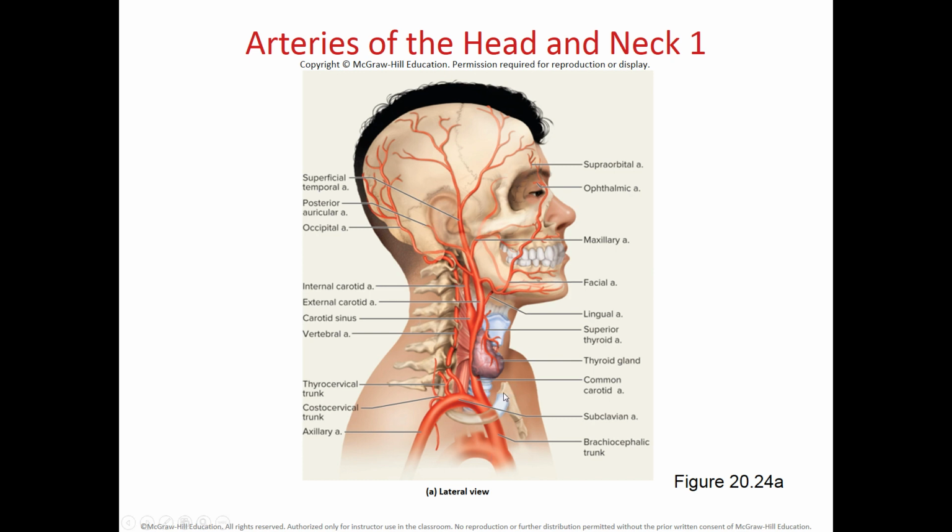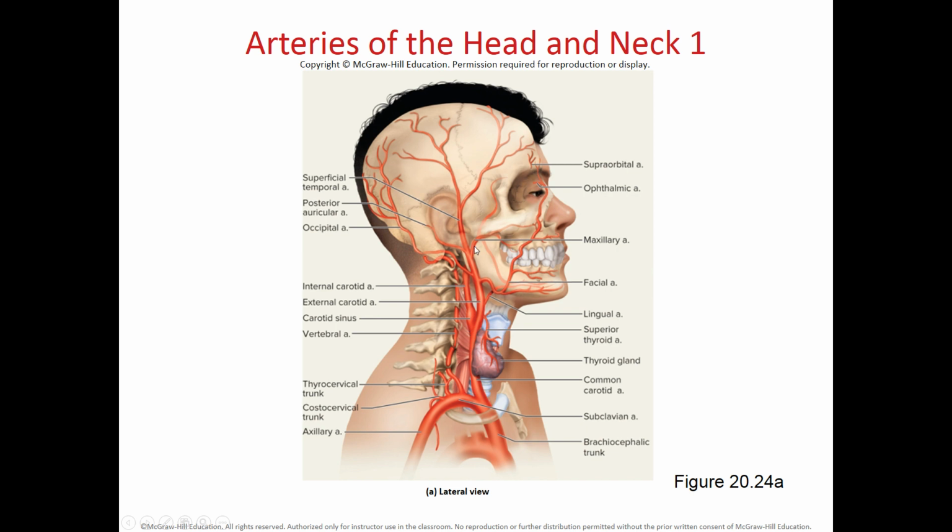The arteries of the head and the neck are going to be branches of the common carotids, which run here on the sides of the trachea. So we have right and left common carotid. And then here, the common carotid is going to bifurcate or branch into the internal carotid, which is going to go through the carotid canal of the temporal bone to provide blood supply into the brain.